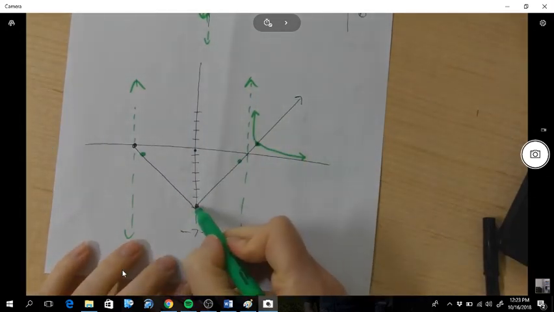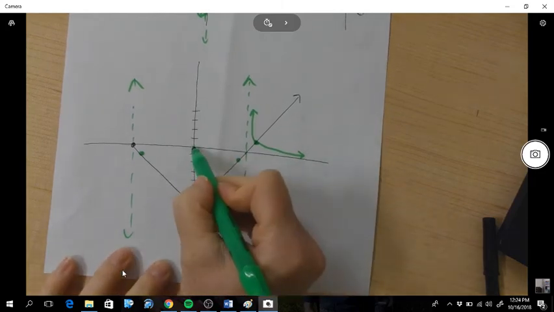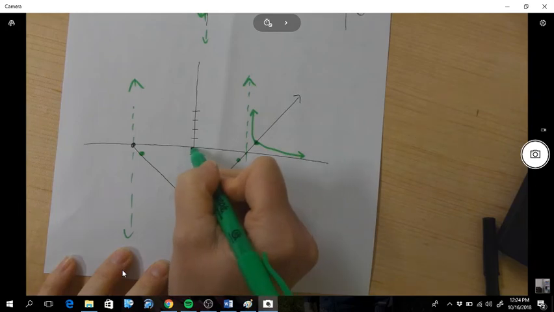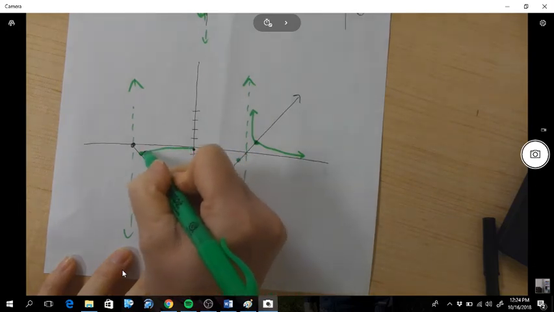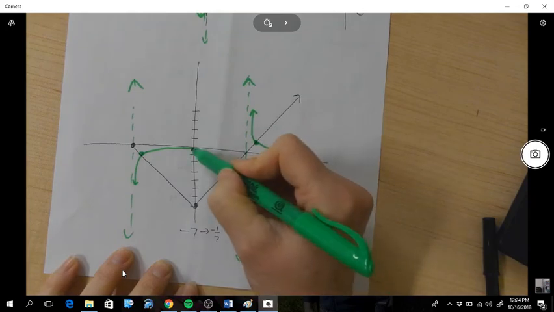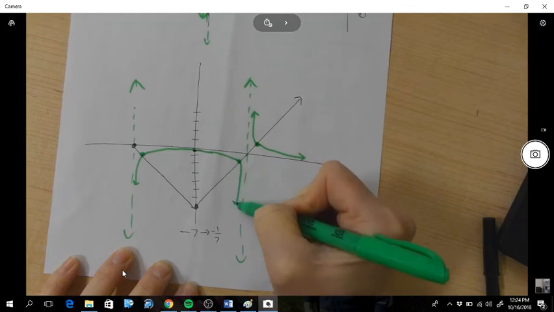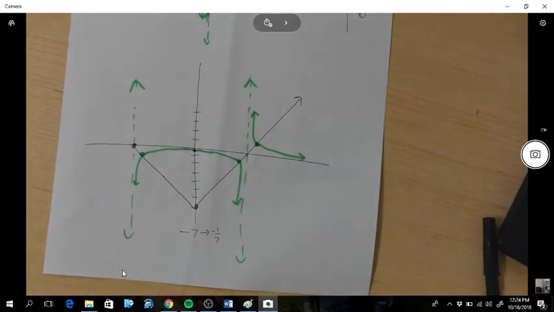So the further it is from 0, the closer it's going to be to 0. This is the closest to 0 point, and then we go away from 0. And that's my reciprocal graph.